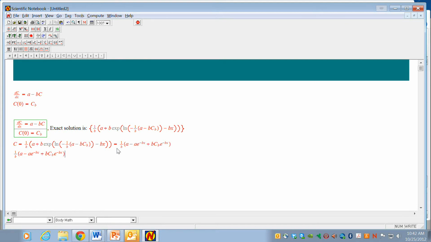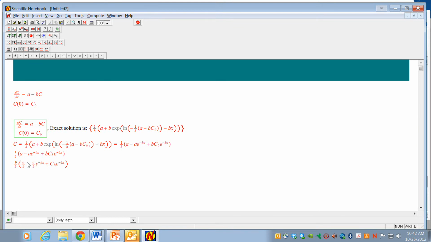In Scientific Notebook, it's easy to just copy and paste and duplicate things.